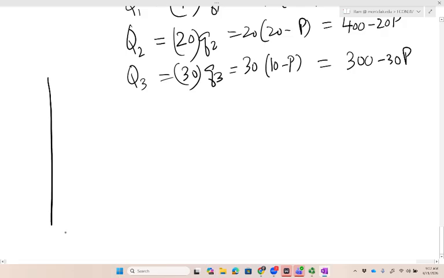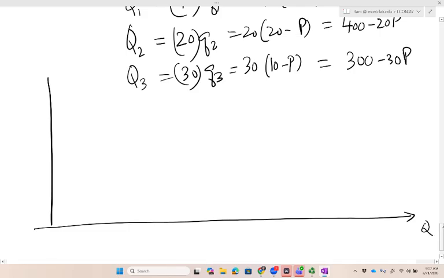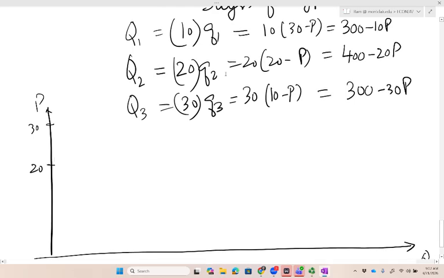So I have price on the vertical, quantity on the horizontal, but this time Q, the uppercase Q, would be the market demand. And so let me start with price equal to 30. From 30, price goes down to 20. We know only buyers of type 1 are going to buy.